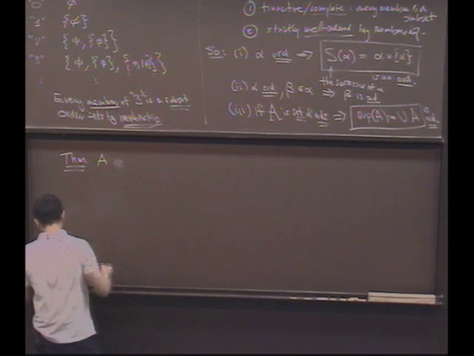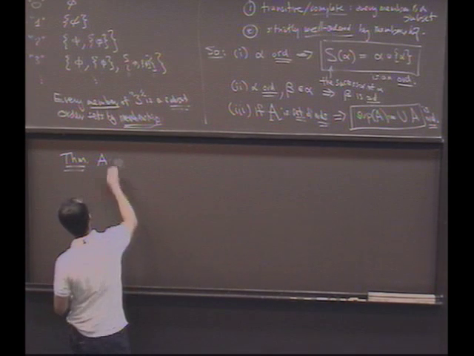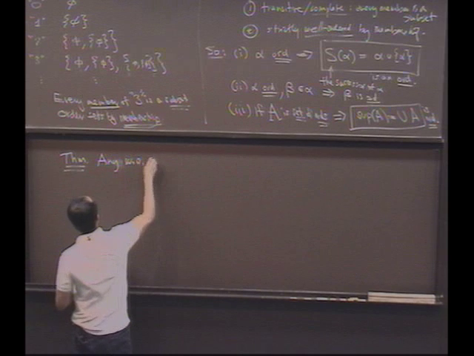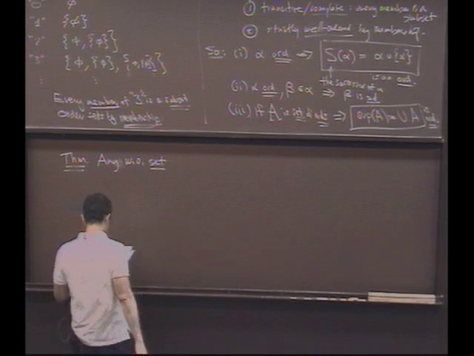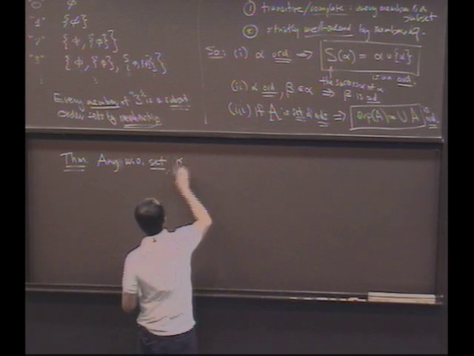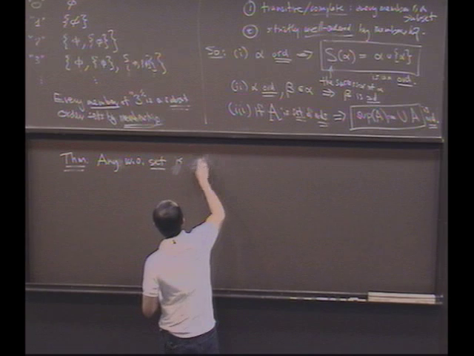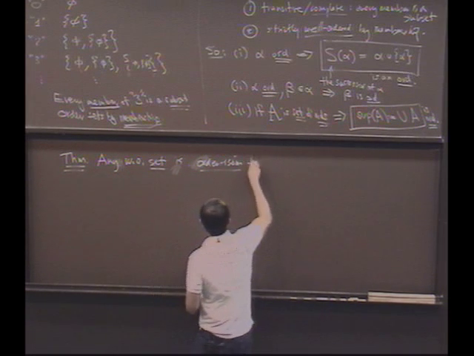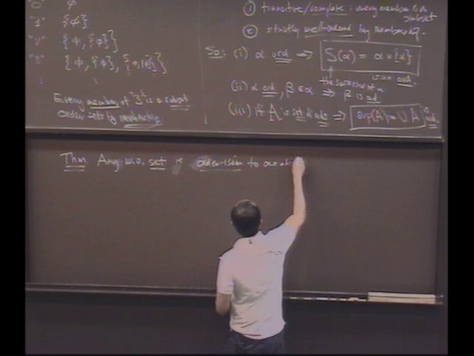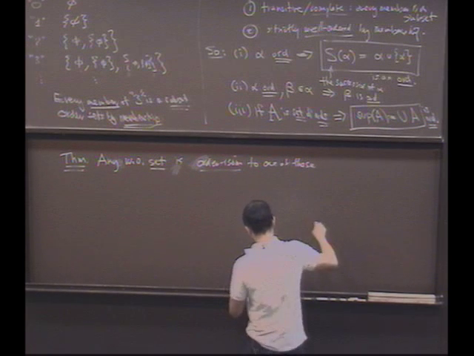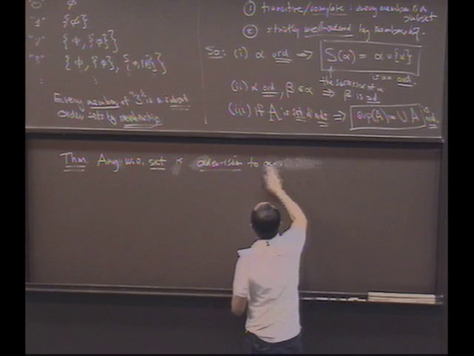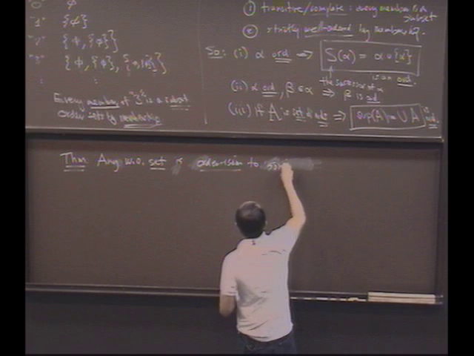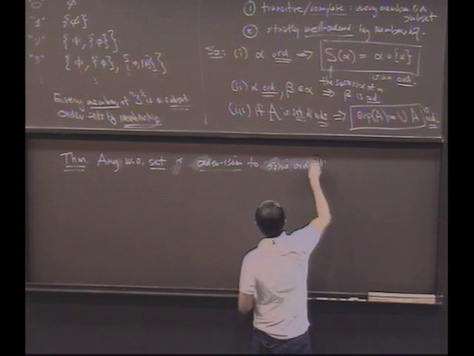So it turns out you give me any well-ordered set, I claim any well-ordered set is actually order isomorphic to one of these, to some ordinal alpha. Sorry, to be more precise, to some ordinal.